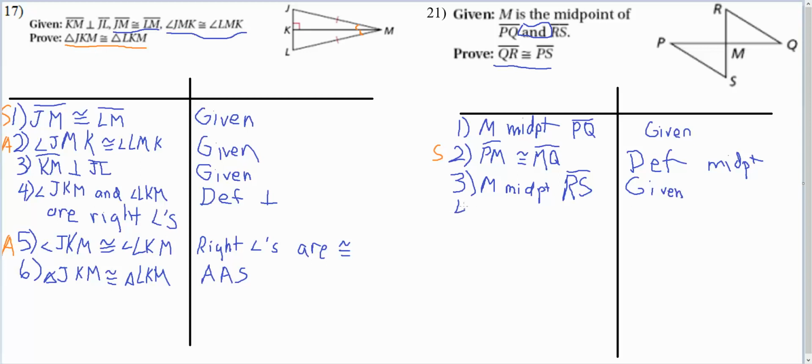Number 4. Since RS is being split in half by the midpoint, we should have RM congruent to MS. That is the definition of midpoint. And that again is our side.